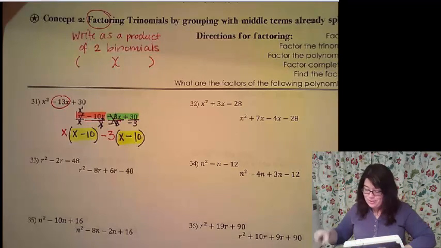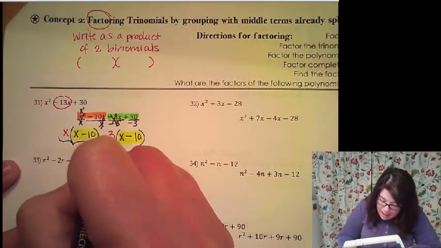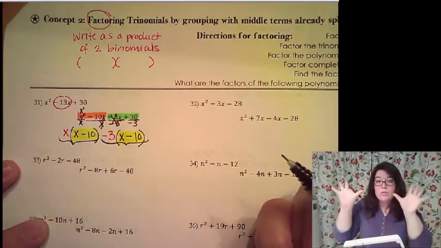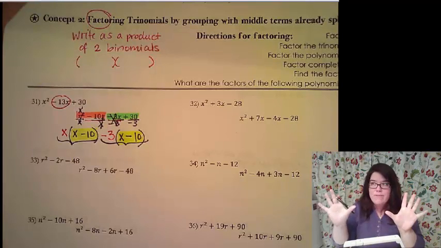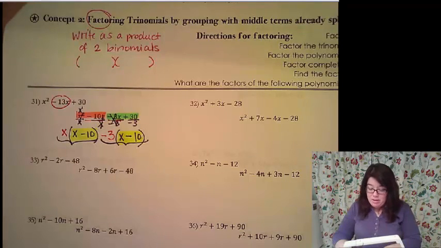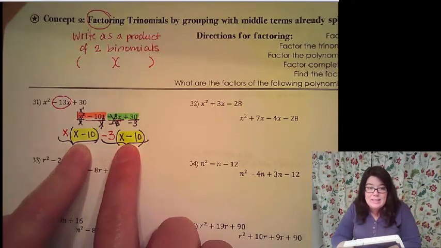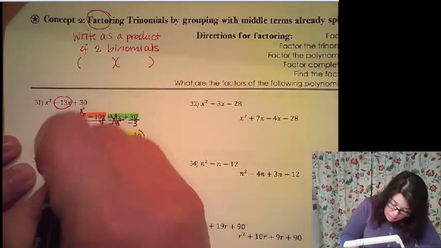Now notice that this is a term right here, and this is a term right here. These are two separate terms. We're going to factor again, looking for what's the same in both of these. This binomial is the same. This x minus 10 binomial is in this term and in this term. So we're going to take our twins and factor them out.